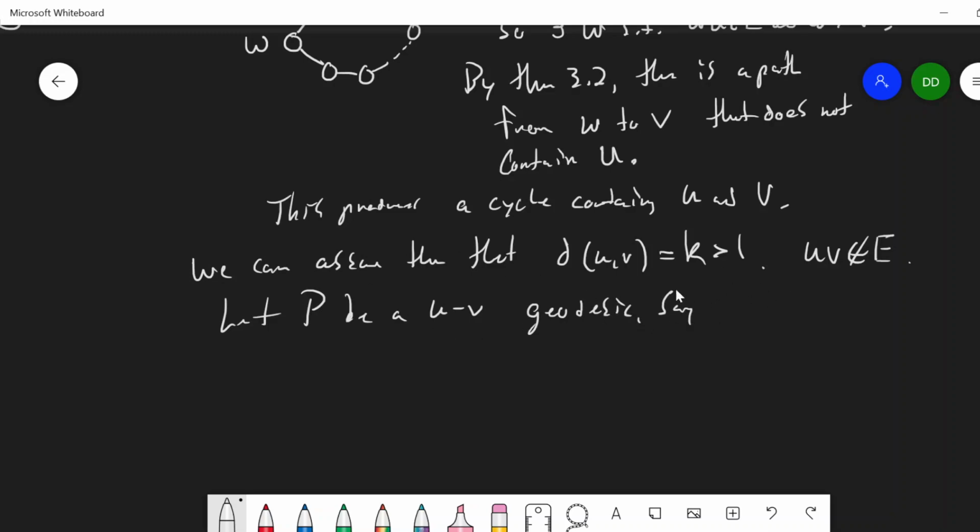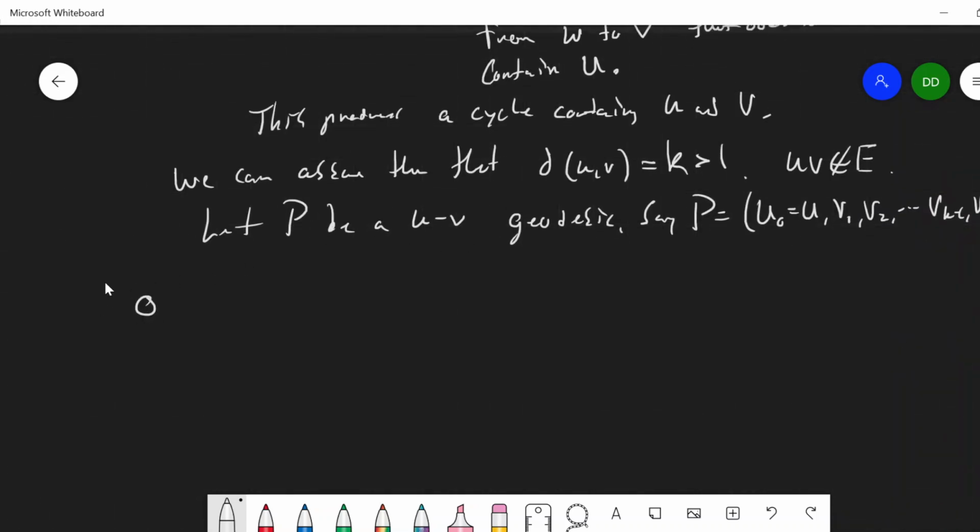And I'll give names to these vertices. Say P is equal to U0, that's U, and then we'll go V1, V2, up through Vk minus 1 and Vk will be my path, my UV geodesic. So this is the shortest path.